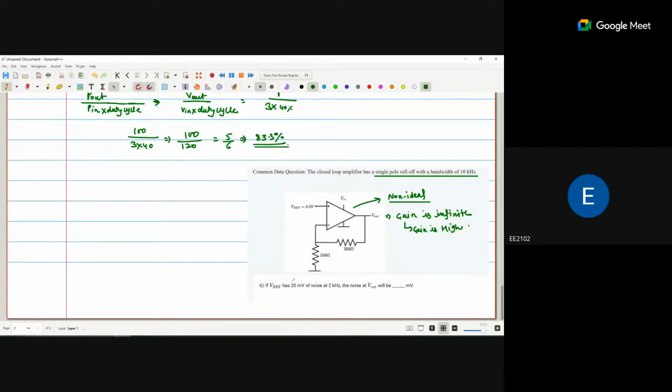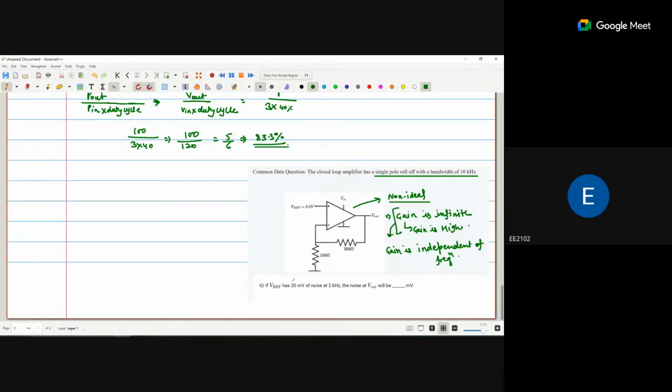For the ideal op-amp, gain is independent of frequency. But here the closed loop amplifier has a single pole roll off with a bandwidth of 10 kilohertz, so it depends on frequency.